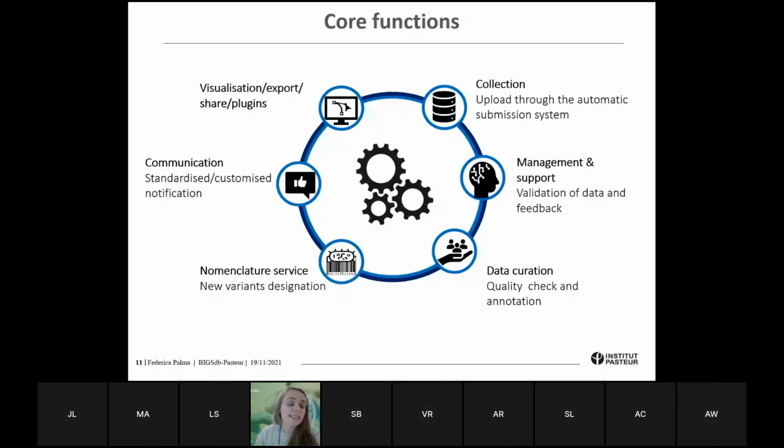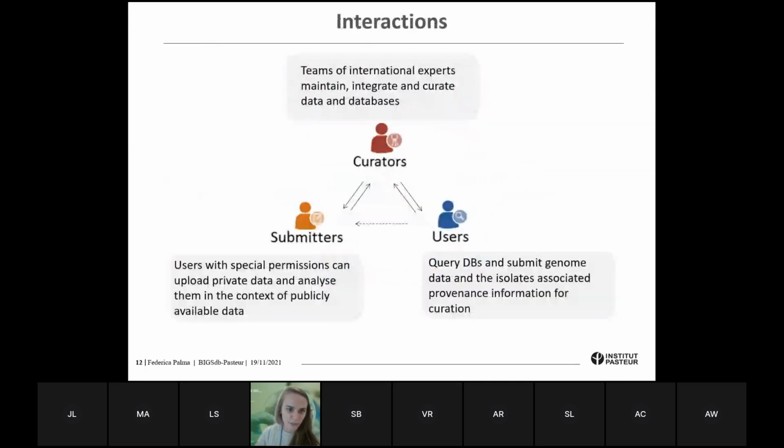And last but not least, it also provides many tools and plugins for visualization, export of data in standard format, and also sharing of data of projects inside the platform.